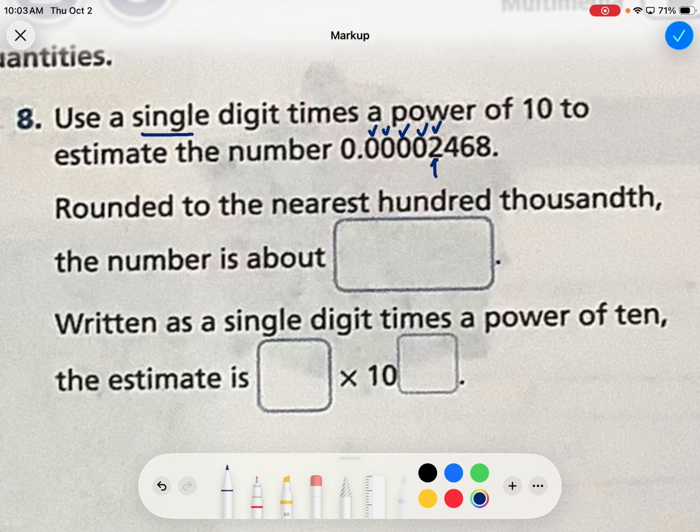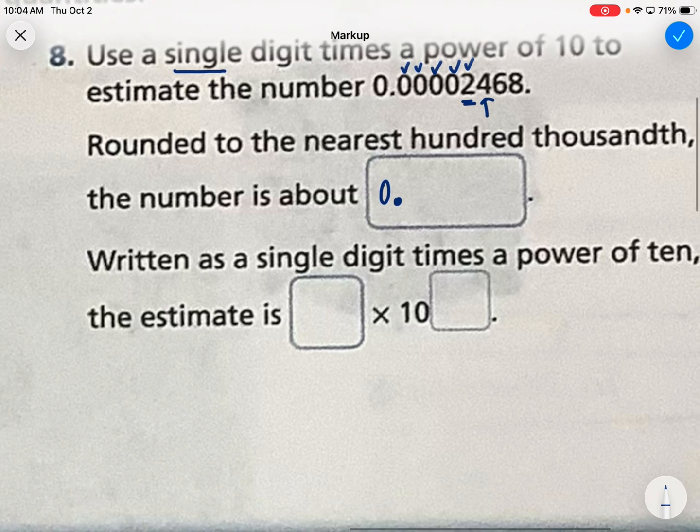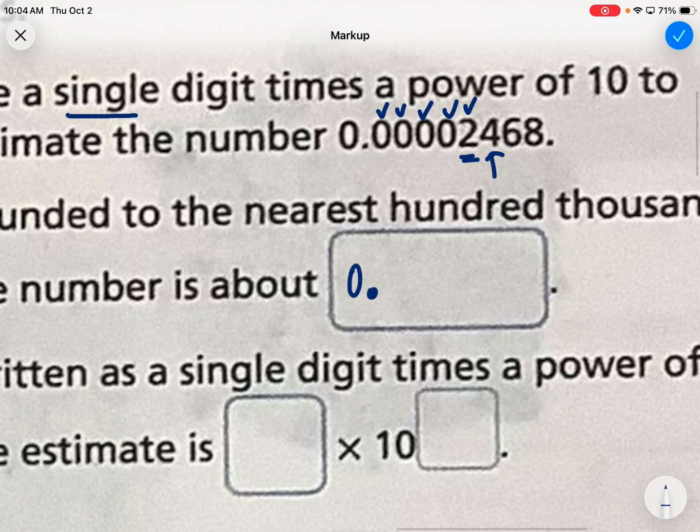So I'm going to round to this guy, but I look at that guy. That's a 4. So do I round up or do I stay? So it's going to stay 0 point. How many zeros are there? 1, 2, 3, 4. 4, yes. And then I'm going to stay a 2.